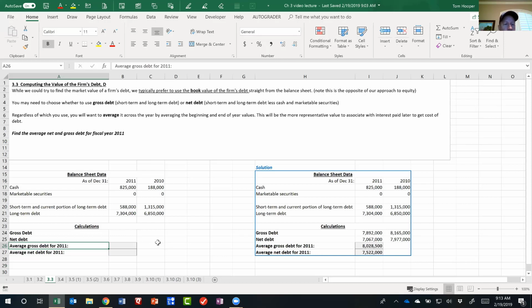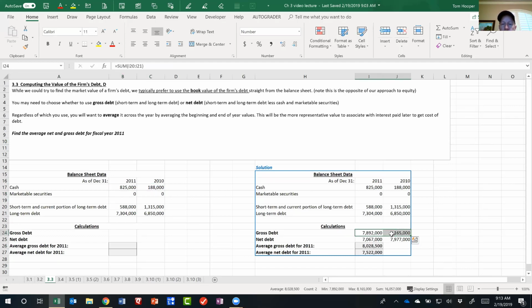And as we've discussed a couple times in class, and we'll see a more lengthy example on it, we can talk about gross debt, which is just adding up the short-term and the long-term debt for a given year. Or we can talk about net debt, which is taking the difference between the total debt and the total cash and marketable securities. And I just put this little practice problem on here. You can follow along later.